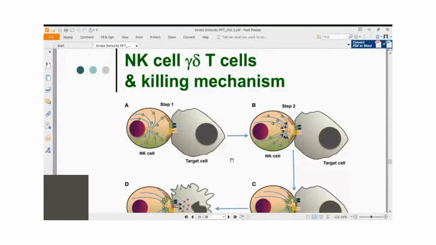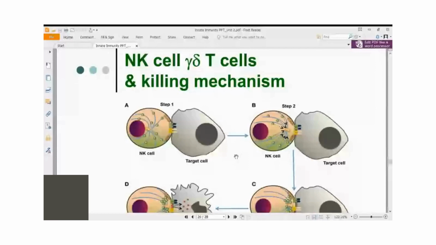As it is traveling along the epithelial lining, when it recognizes a cell which is infected with bacteria or virus, because that cell is in distress and releases distress proteins, one of them being heat shock protein, the gamma delta T cell gets arrested there with respect to that infected cell and brings about the same mechanism as the NK cell did.